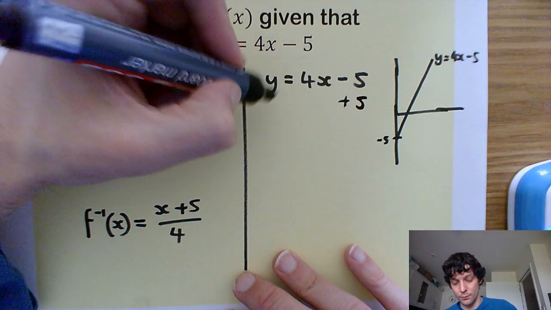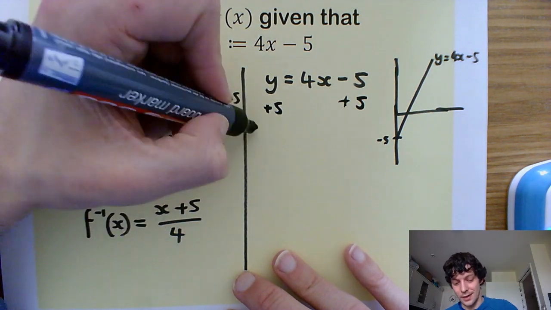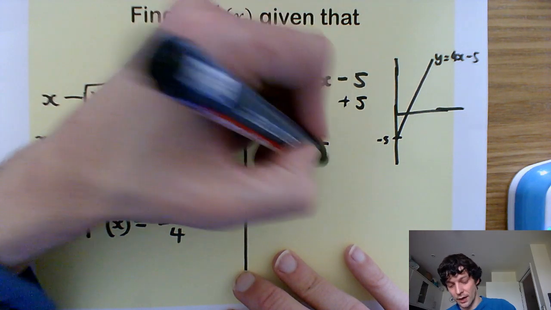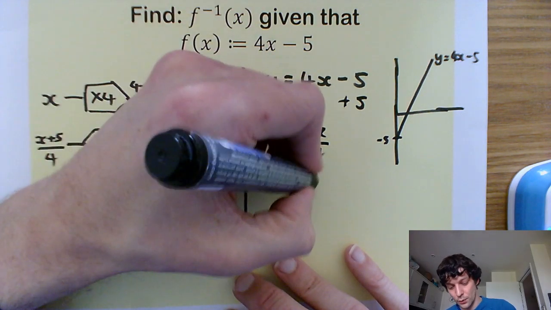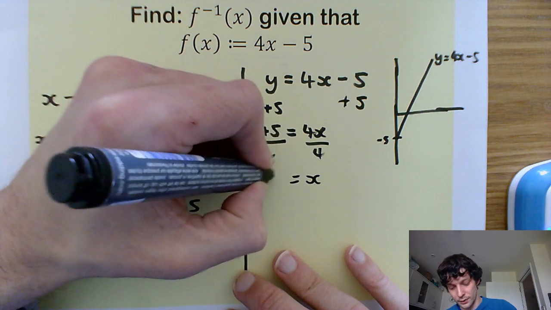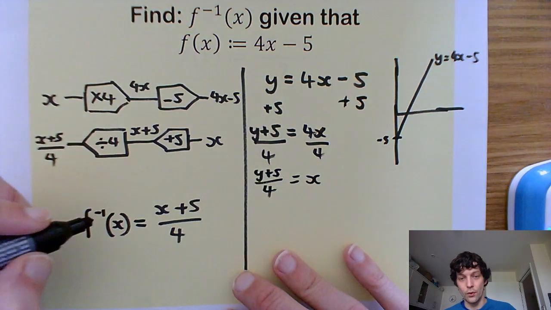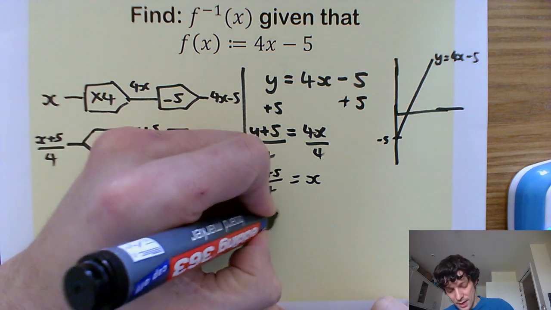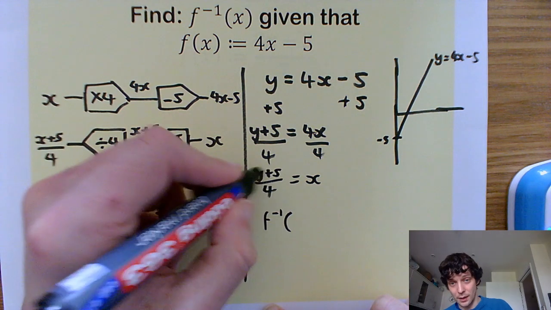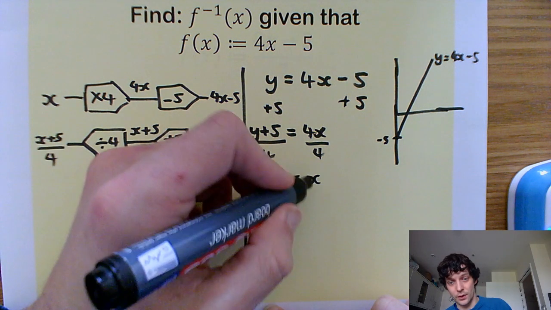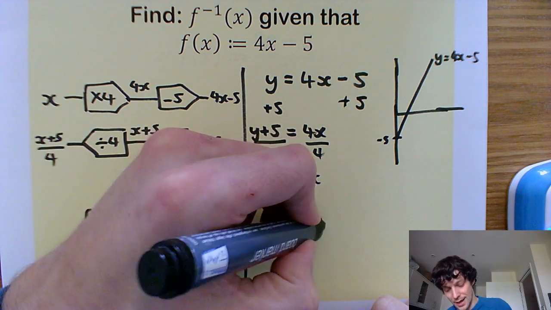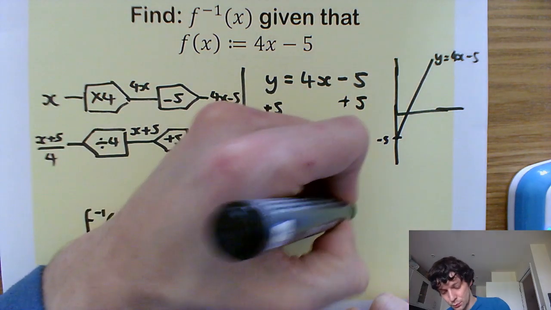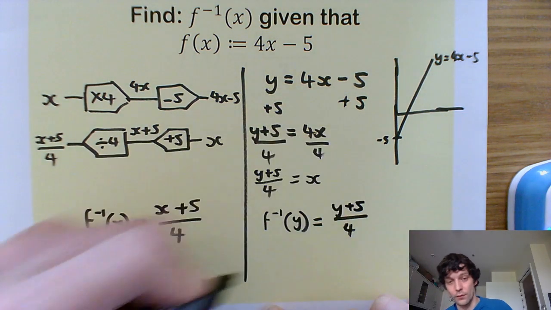So using that work we did on rearranging, let's add 5 to both sides. y plus 5 is 4x. Divide both sides by 4. You get x is y plus 5 over 4. So the inverse, bearing in mind I'm starting with y here, this x is a function of y, so f inverse of y is y plus 5 over 4.